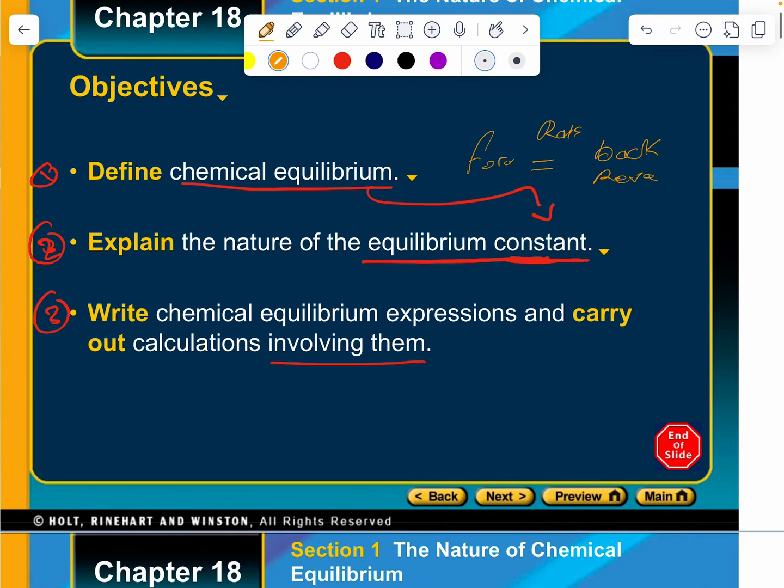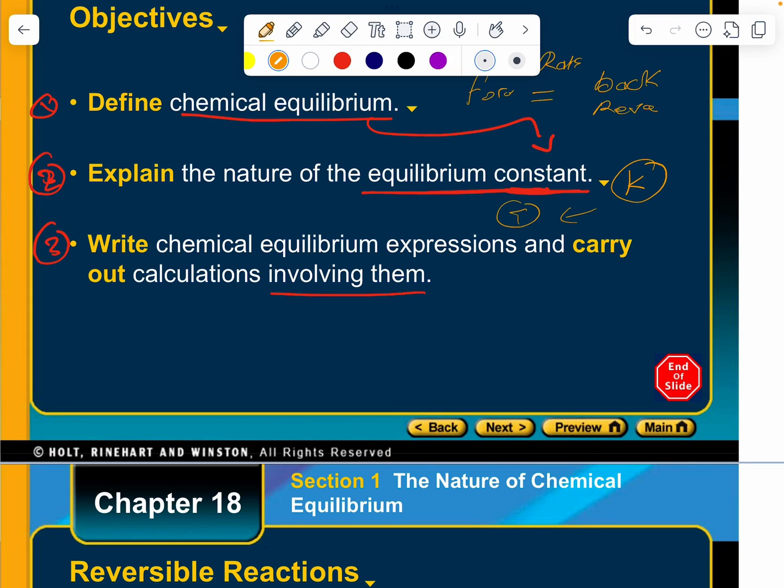Then we say there is an equilibrium constant we can obtain, which is K, and K will change with temperature. Changing temperature will change K, and we write the chemical equilibrium expression, which is K equals the concentration of products over the concentration of reactants to the power of coefficients, which are X and Y.